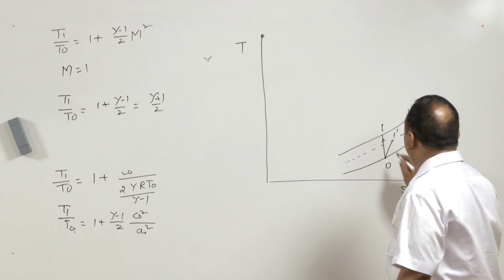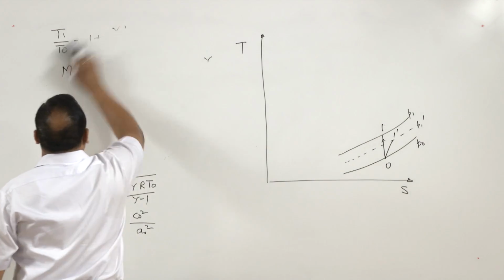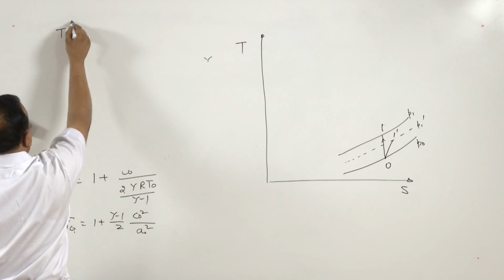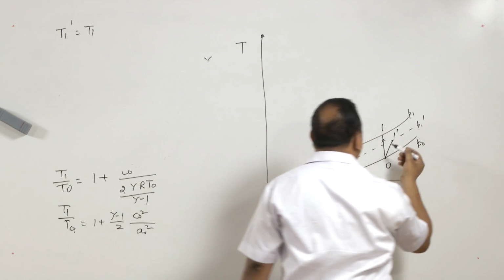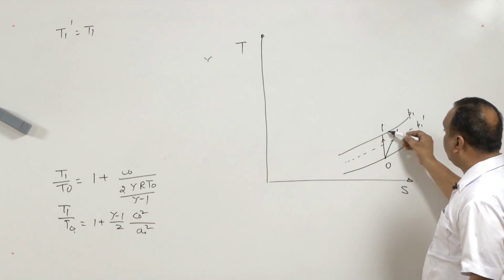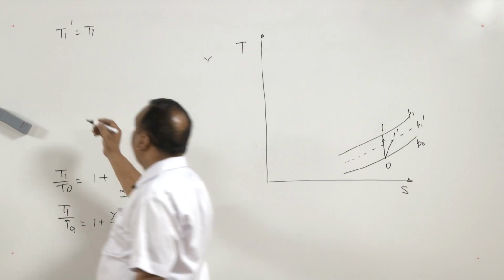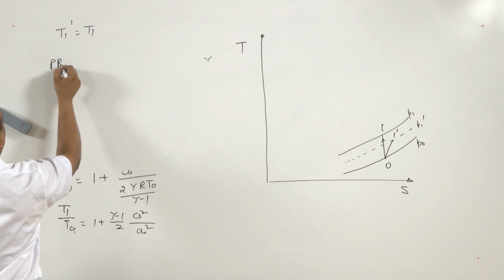Now, the temperature at point 1 dash, T1 dash, is equal to T1, but the pressure at this state is less than the pressure at state 1, and there is a pressure recovery factor, PRF.